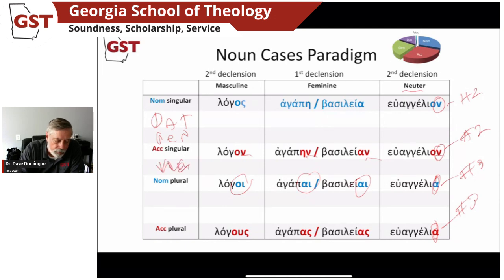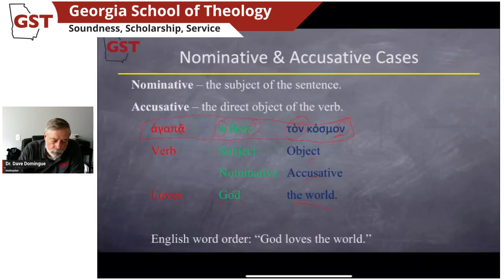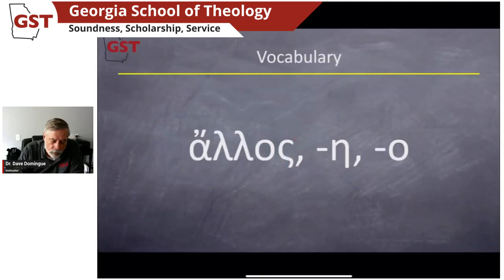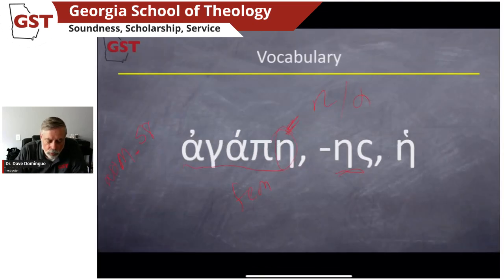So when we learn all that, we'll fill all this in, and what that does for us is help us recognize the pattern. This is going to be the genitive ending for the singular.